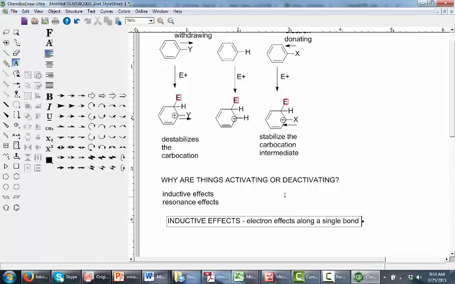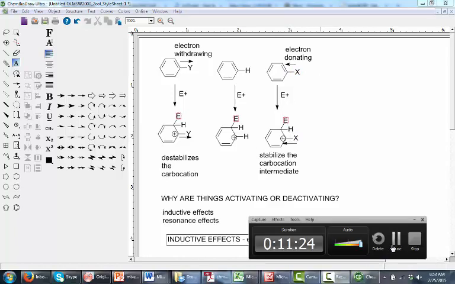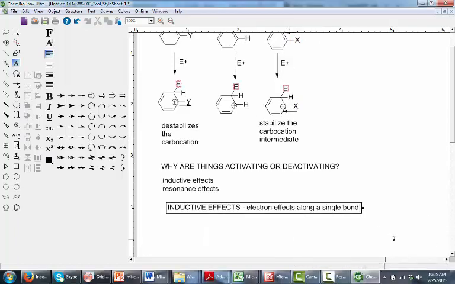So that's sort of what we're talking about over here in the top case. If I have an electron withdrawing group, it pulls the density along this sigma bond, and if I have an electron donating group, it pushes electron density again along the sigma bond to stabilize that particular carbocation. These inductive effects are really a result of electronegativity difference, so they're determined by electronegativity differences.